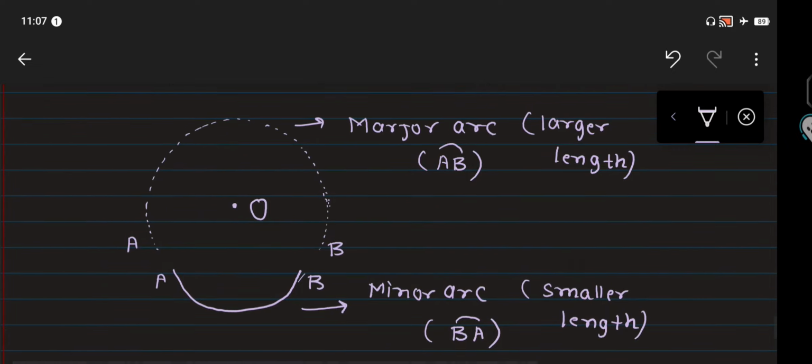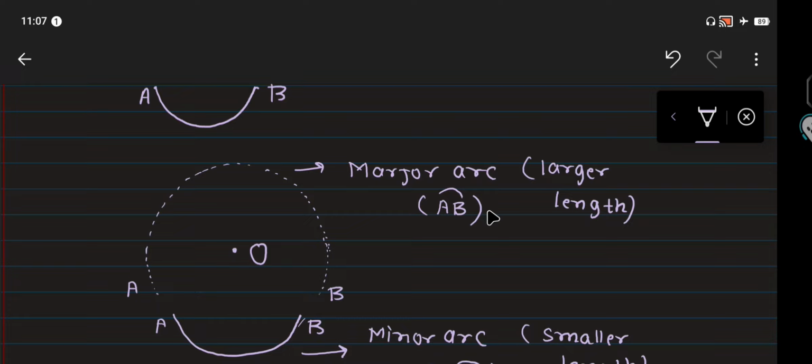So we learned that the arc with the larger length is called the major arc, and the arc with the smaller length is called the minor arc.